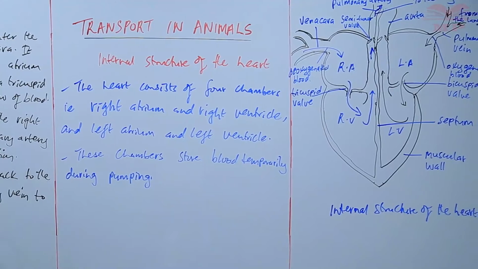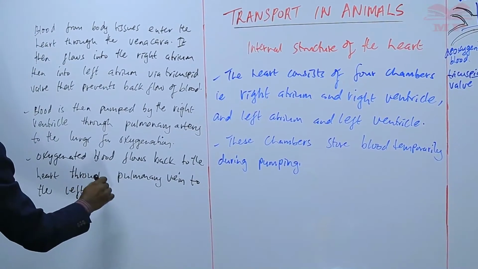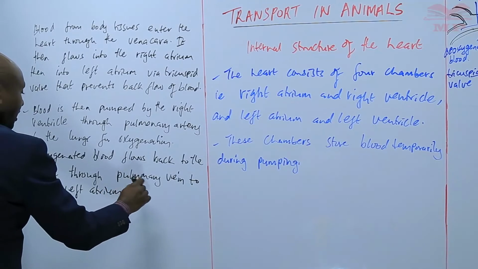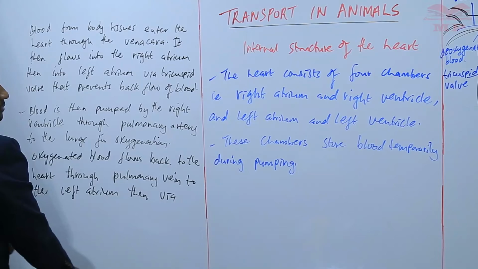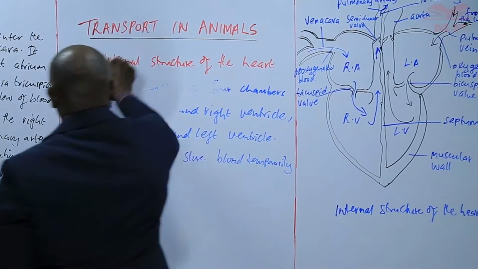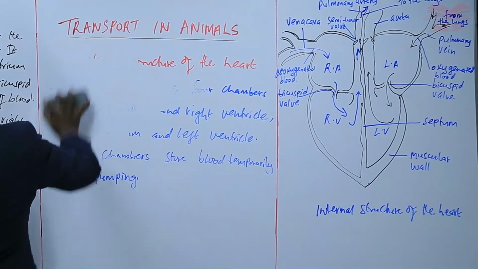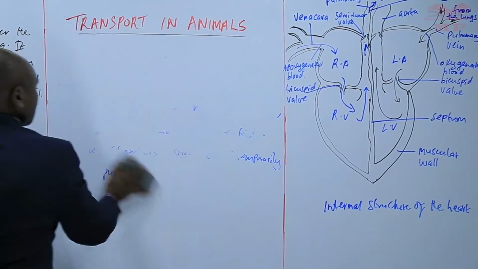It goes to the left atrium, then via the bicuspid valve into the left ventricle.